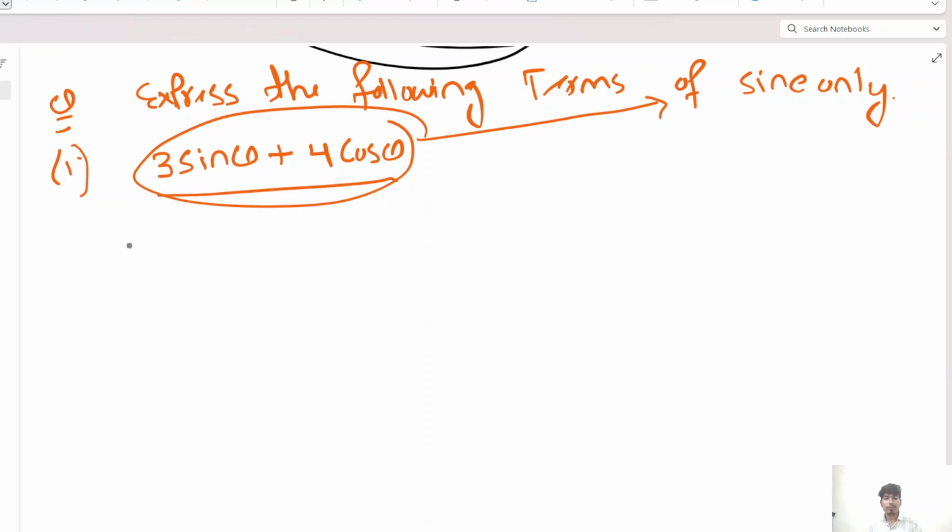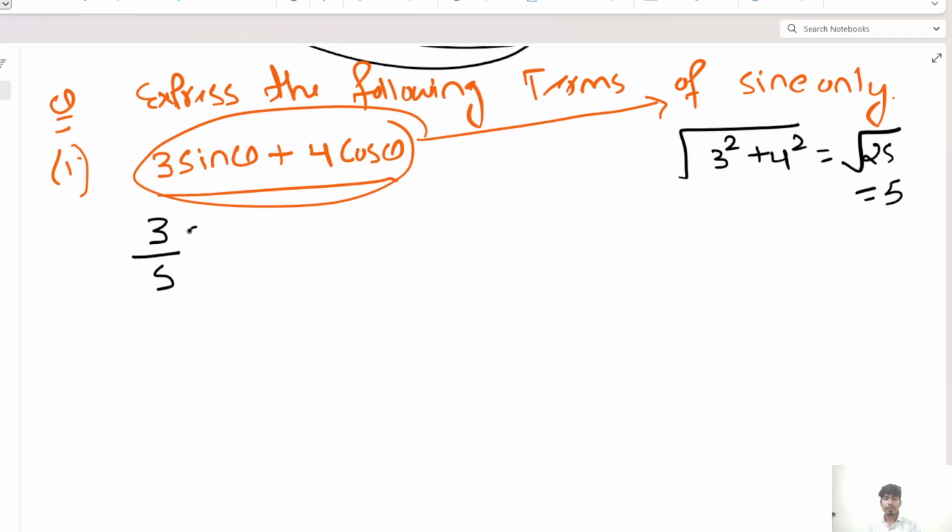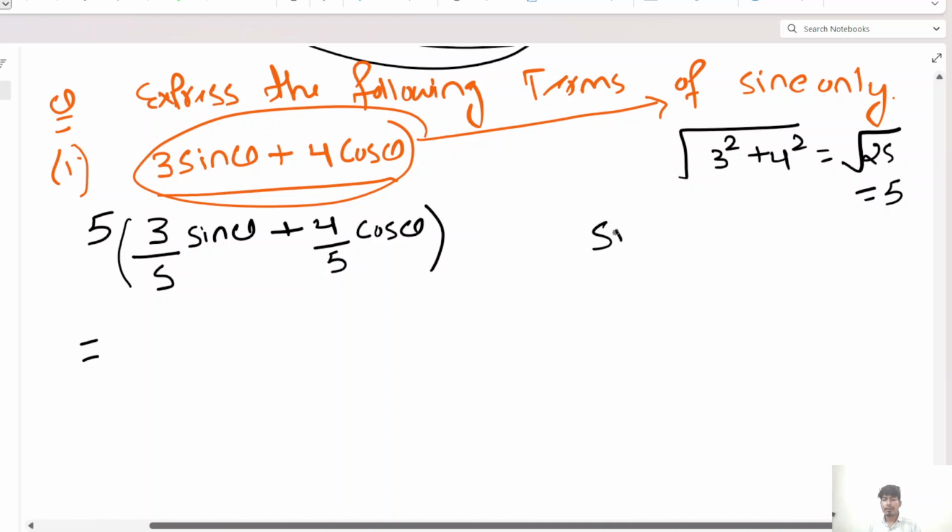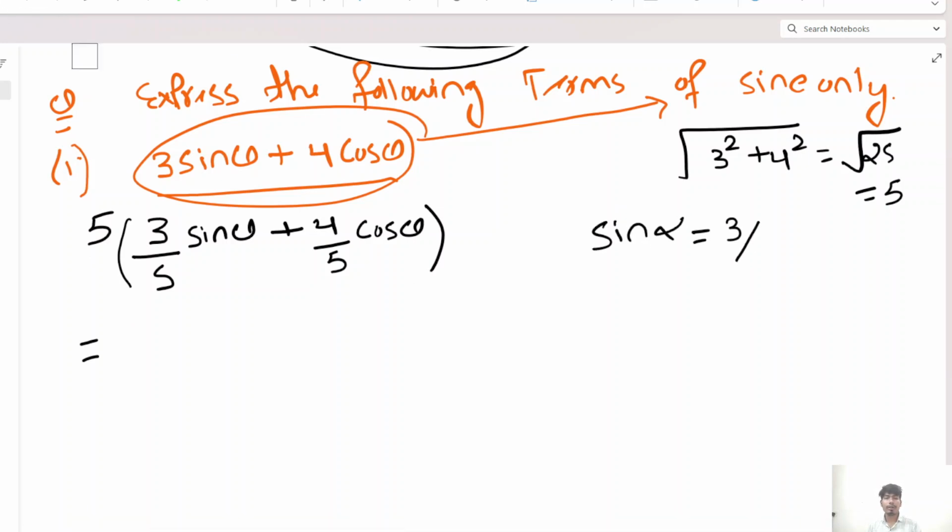So we divide by 5 and multiply by 5. Why 5? Because 3 square plus 4 square is 25, and under the root that is 5. So 3 upon 5 sin theta plus 4 upon 5 cos theta, and multiply by 5 here. Then apply sin alpha is 3 upon 5. Sorry, not sin alpha, here it is cos alpha.